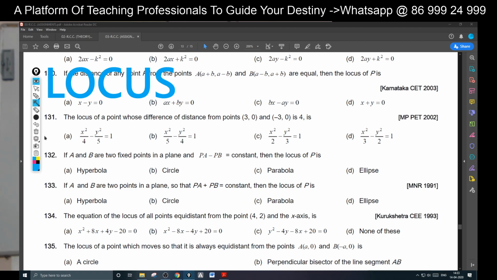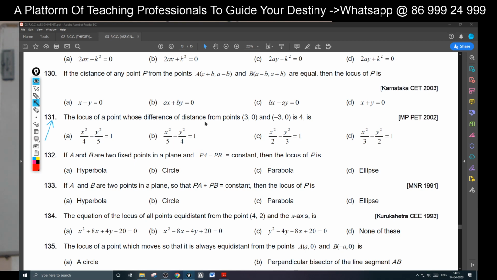Next problem is 131. The locus of a point whose difference of distances from the points (3, 0) and (-3, 0) is 4 is.